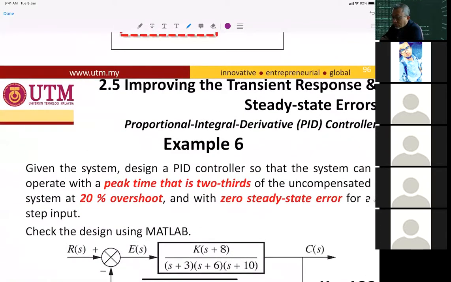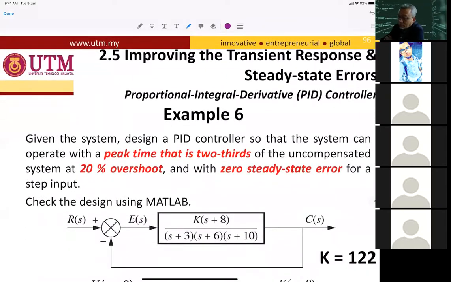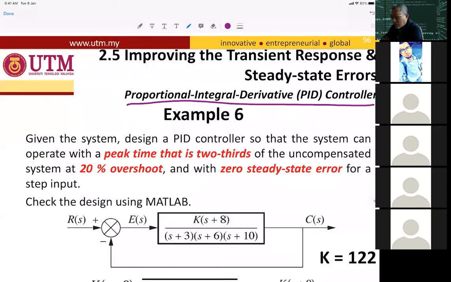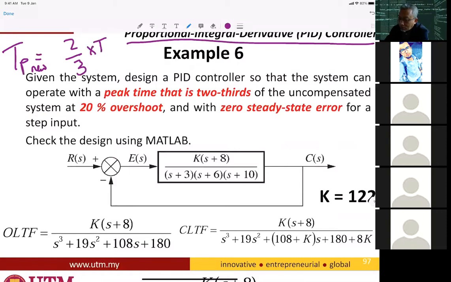In these examples, we're going to see the examples of the PID controller. Given the system, design the PID controller so that the system can operate with a peak time that is 2/3 of the uncompensated system. Meaning that the new peak time will be 2/3 multiplied by the old peak time.